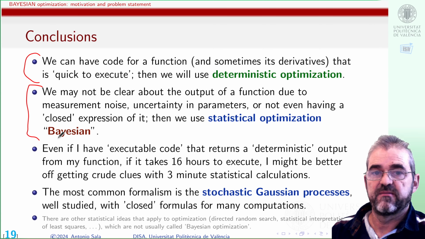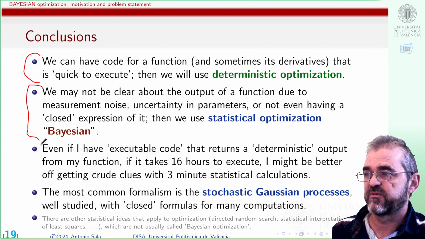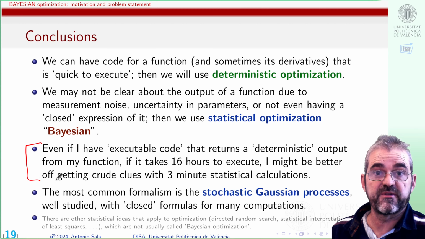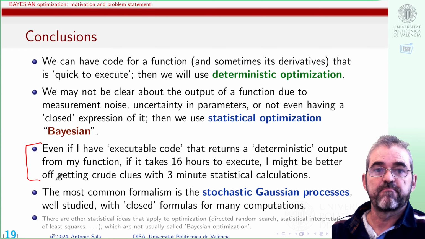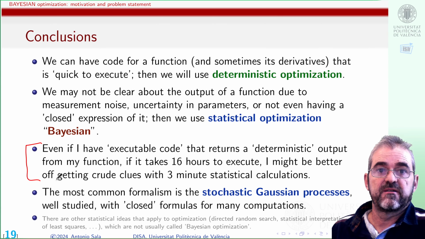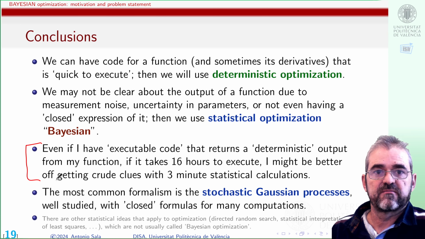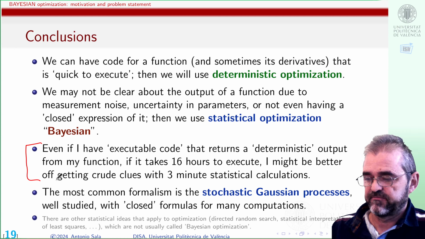And in fact, I may even use statistical optimization for deterministic problems in which evaluating my function takes hours to execute. So maybe I play a bit modeling the uncertainty on some rough approximations to decide some configurations for neural networks or fluid dynamics simulations to avoid wasting hours of computing time.